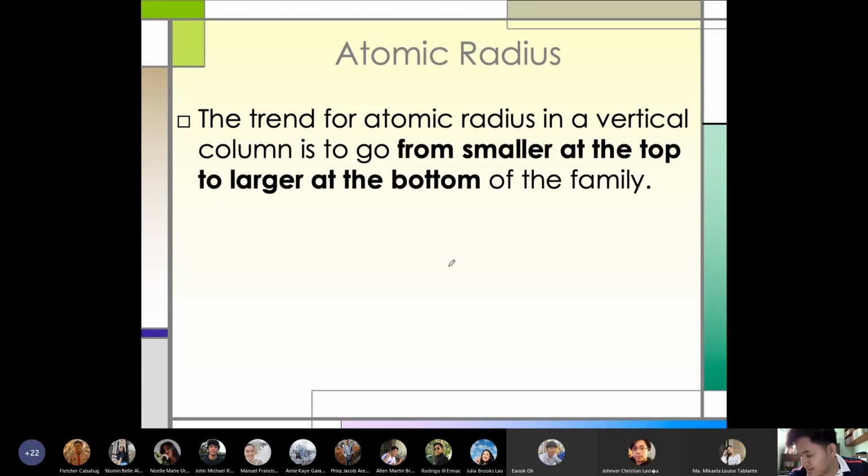If you look at your periodic table, I hope you have them now. The atomic size or the atomic radius, the terms can be interchanged, increases from top to bottom for each group. And my question is why?